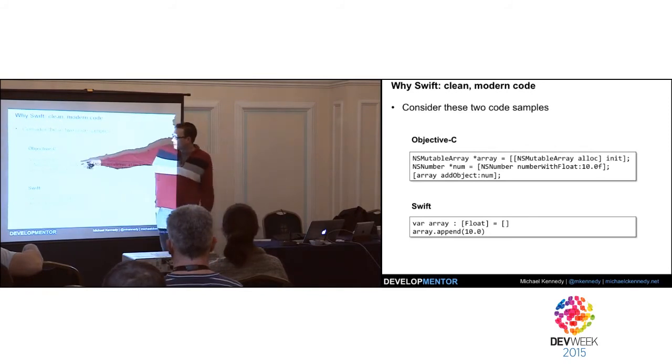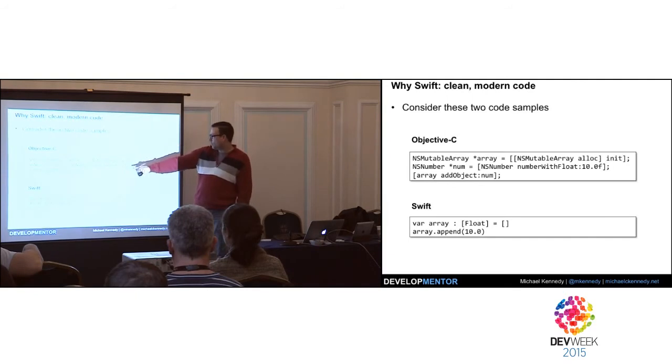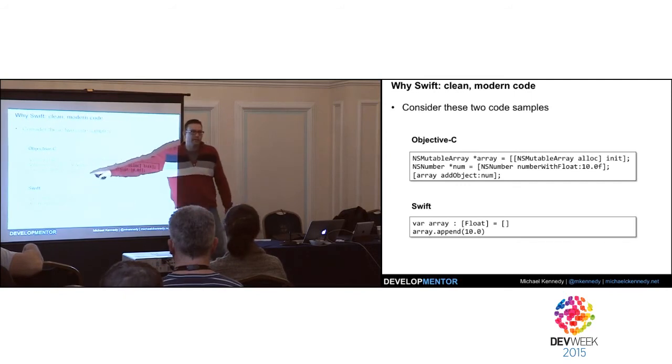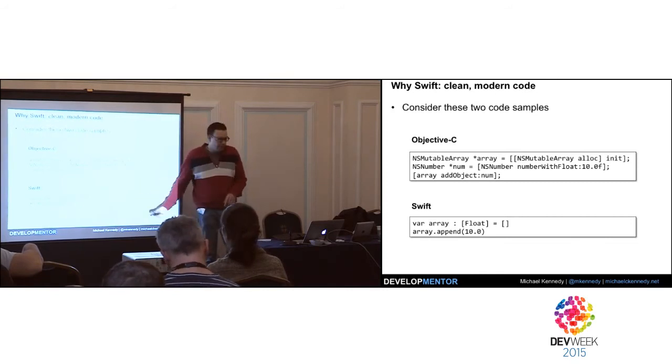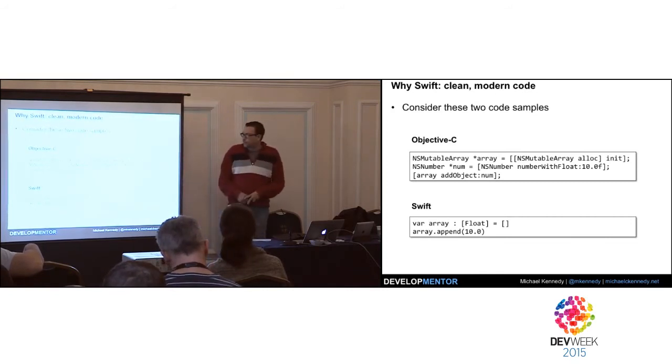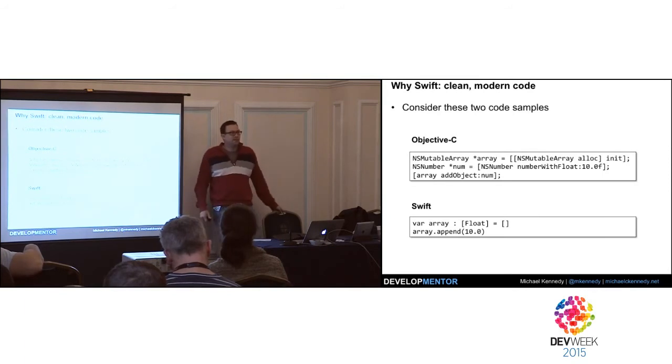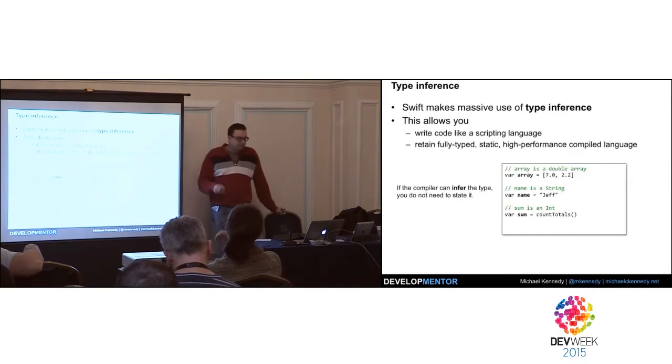Or you could say NSMutableArray star array is first you call this alloc function, and then you call the init function, then you alloc a number, and then you can insert them. There's a reason that this is painful to do, right? And this is not. Okay. So it was time for some kind of replacement, and Swift is doing a really good job of that.